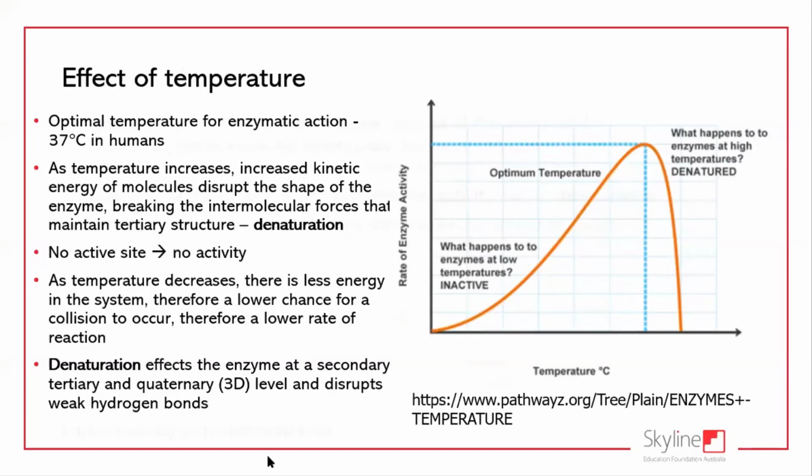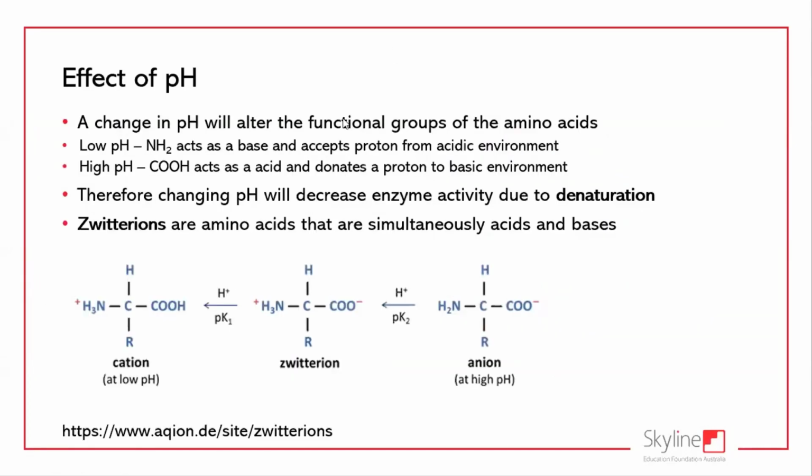This is the same thing with pH. So we have this thing called zwitterions, where it's a perfect pH. An amino acid is a base and an acid at the same time, so it accepts an extra hydrogen from the environment and also donates a hydrogen.